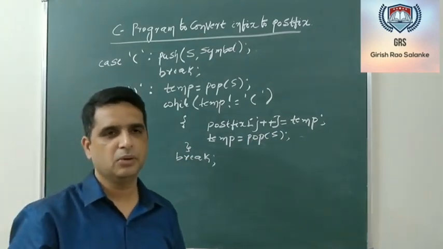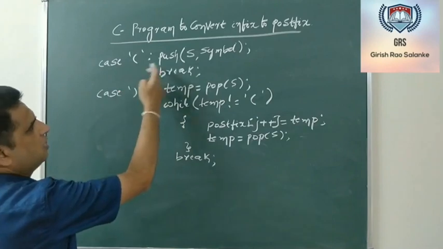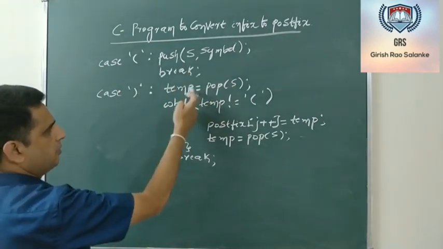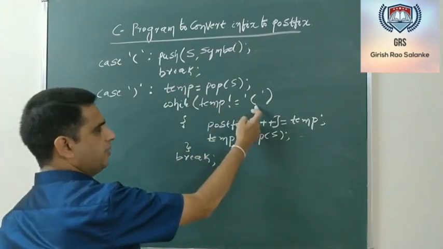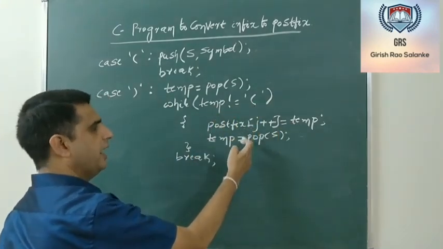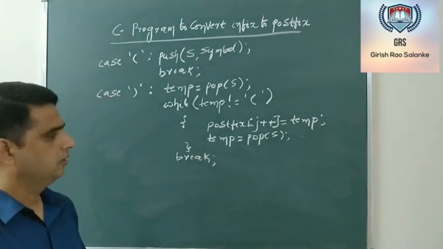This is with respect to the left and right parenthesis. If the scan symbol is a left parenthesis, push it onto the stack. If the scan symbol is a right parenthesis, pop from the stack and check if it is not a left parenthesis. If it is not, place it on the postfix expression, pop the next element and repeat the same procedure.